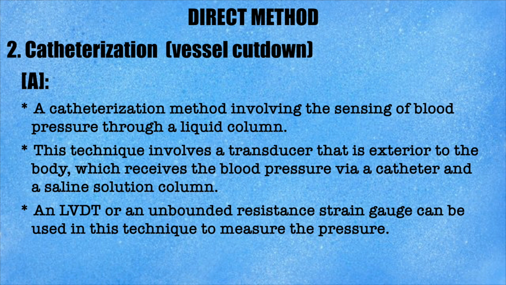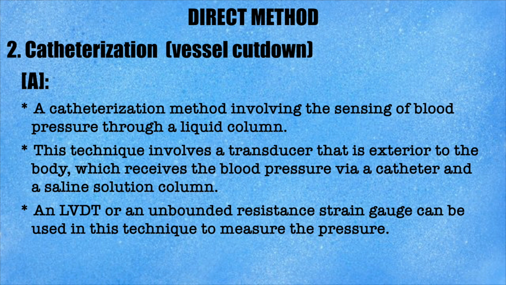the pressure. Before inserting the catheter into the blood vessel, it is important that the fluid filled system should be thoroughly flushed. In practice, a steady flow of sterile saline is passed through the catheter to prevent blood clotting in it. As air bubbles dampen the frequency response of the system, it should be ensured that the system is free from them.